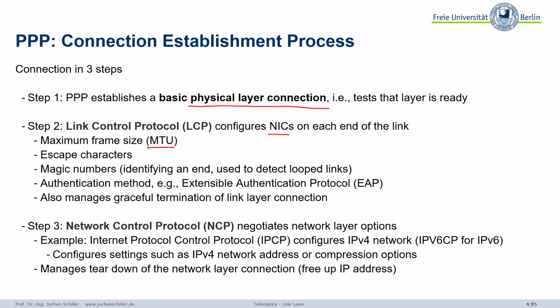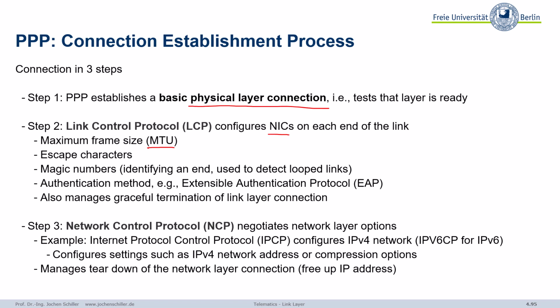That means the chances to transport a frame without a bit error are higher if the frame is shorter. We have to agree upon escape characters. We have to agree upon so-called magic numbers to identify the ends, to detect loops. There are also mechanisms for authentication, and also we have to manage the termination of a link layer connection.